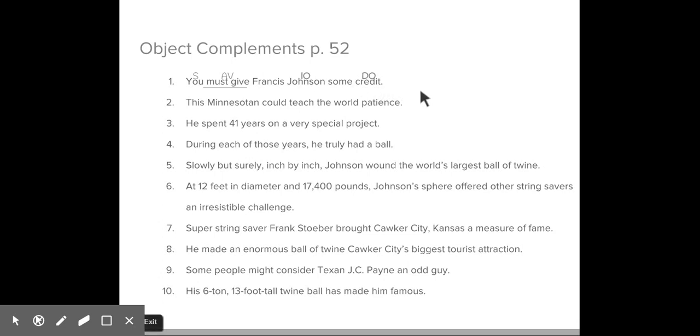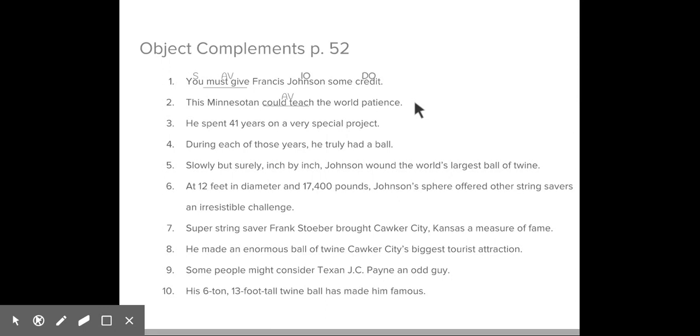Okay, let's look at sentence 2. This Minnesotan could teach the world patience. Step 1, prep phrases. Do we have any? No, we don't. Step 2, verb. Could teach is the whole verb. Who could teach?